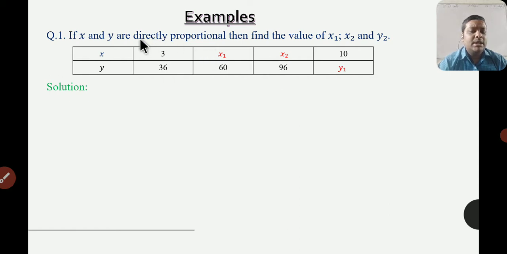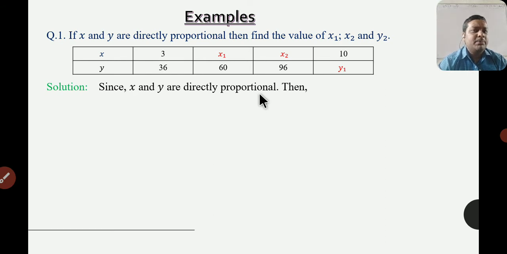Since it is clearly mentioned that x and y are directly proportional, we divide the first quantity by the other, by the property x1 by y1 is equal to x2 by y2 is equal to x3 by y3. So by that property we can write 3 by 36 is equal to x1 by 60 is equal to x2 by 96 is equal to 10 by y.